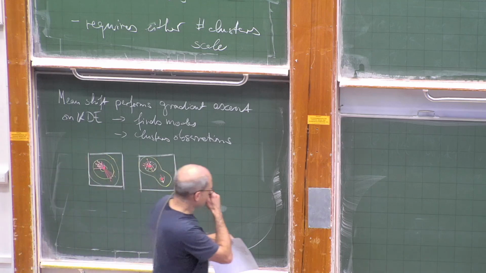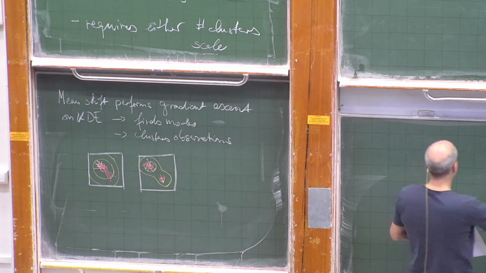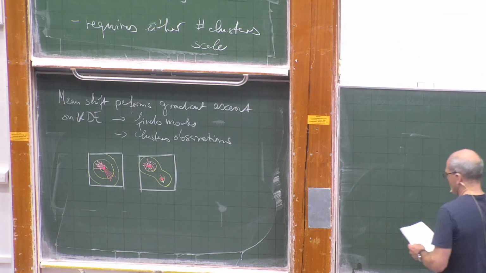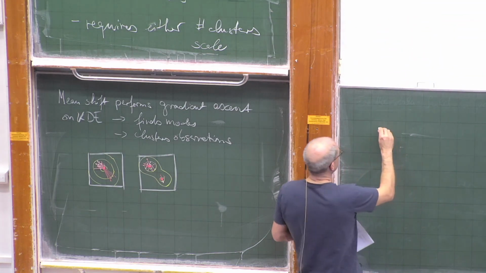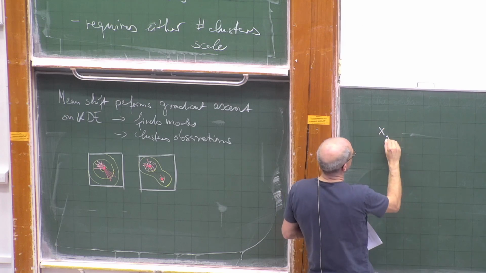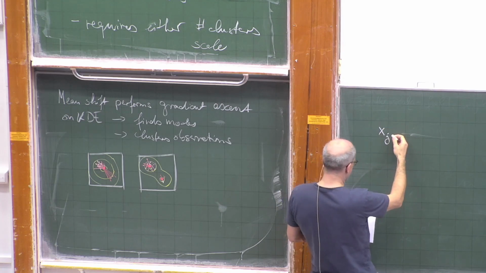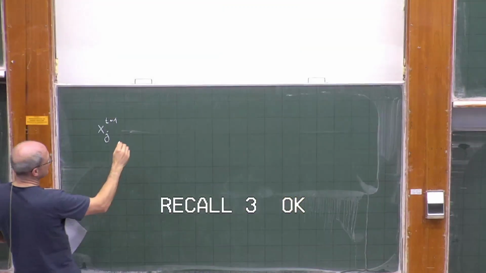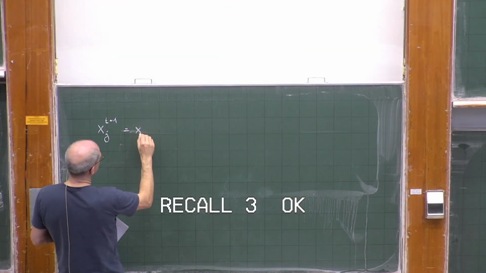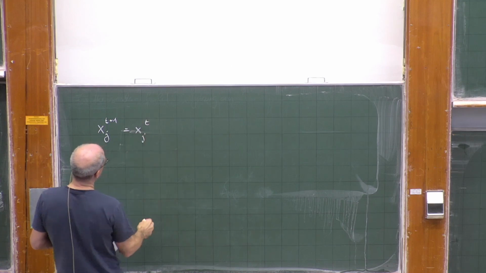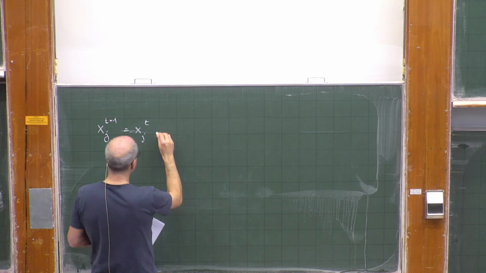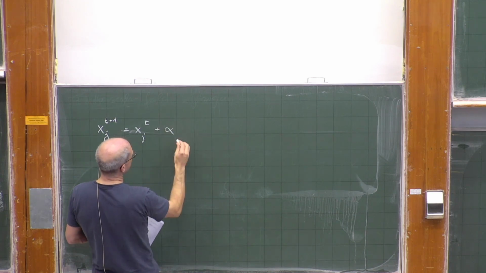All right, and what does this do in formula? So this gradient ascent we can write as follows. We have some sample j, and we find its coordinate at time t+1. And this we obtain by taking the coordinate in the previous time step t, and then doing a bit of gradient ascent.